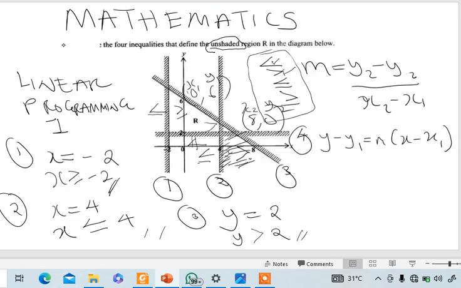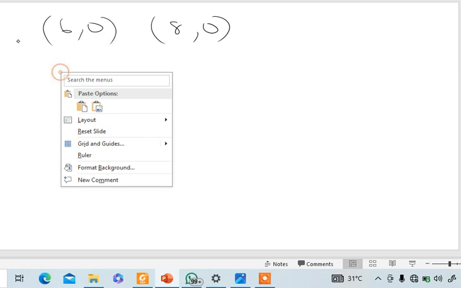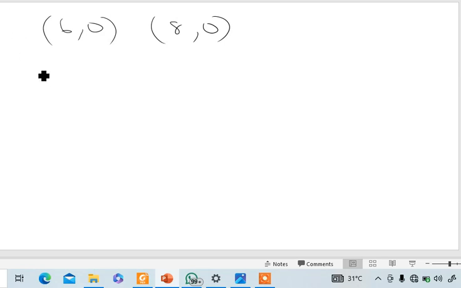So we have coordinates 0, 6 and 8, 0. To find the gradient, we say y2 minus y1 over x2 minus x1.